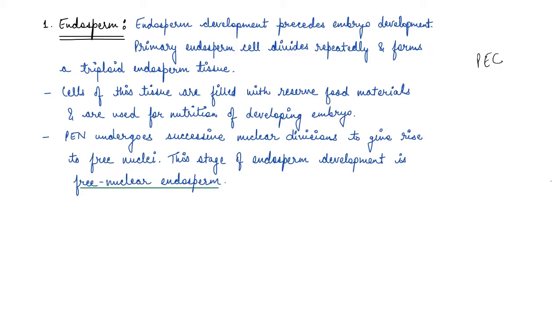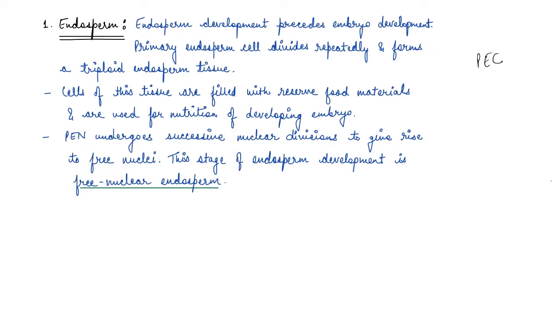Now, the cells of this tissue are filled with reserve food material, and these are required for nutrition of the developing embryo. And that is why endosperm development always occurs before embryo development.